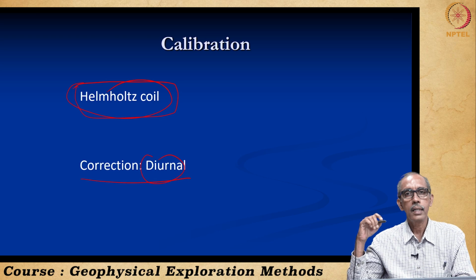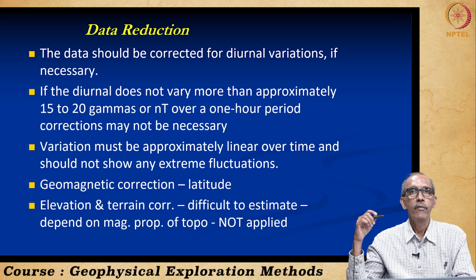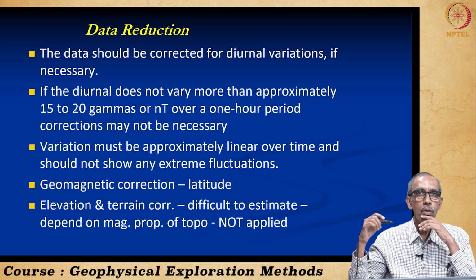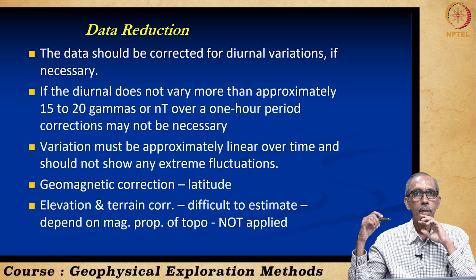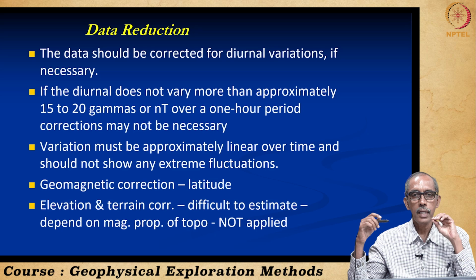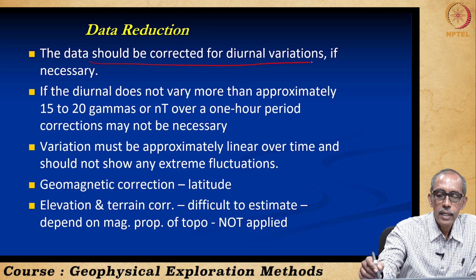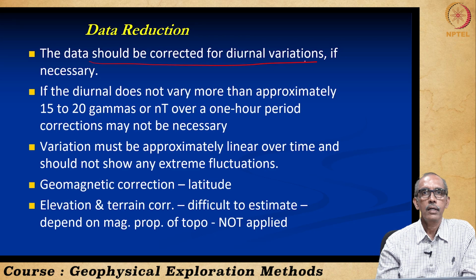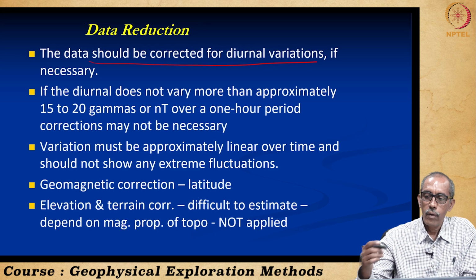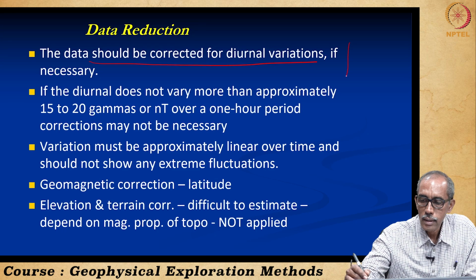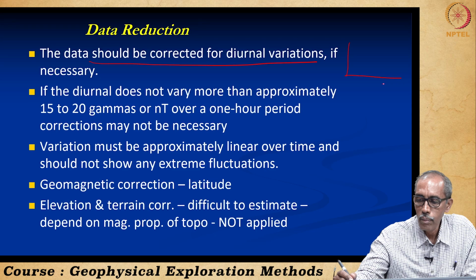During the magnetic survey, we need to carry out a continuous measurement of the magnetic field strength at a particular station, right. With the help of that, the data can be corrected for diurnal variation. How do we do that, right? Let me mark, this is the time axis.